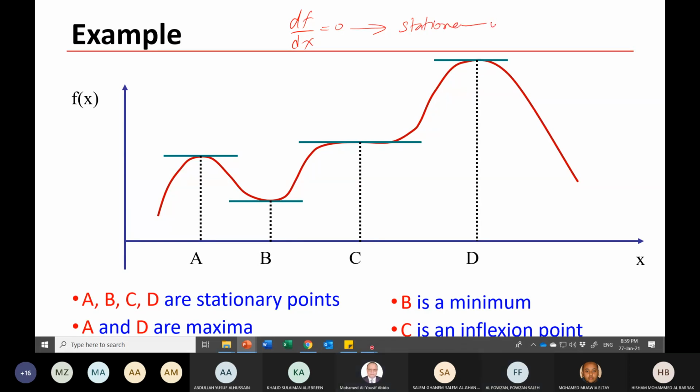You may have maximum, you may have minimum, you may have inflection point here. In order to identify whether it is maximum or minimum, you have to go to the second derivative and check whether it is positive, whether it is negative, or equal to 0.